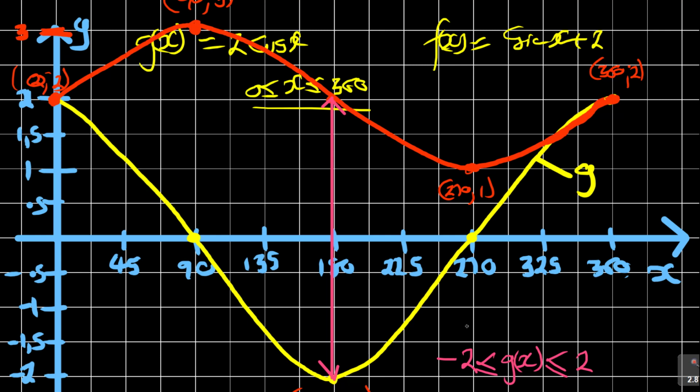You put square brackets. But usually we put y here, because those are y values. You don't put g of x, you say y from minus 2 to 2.